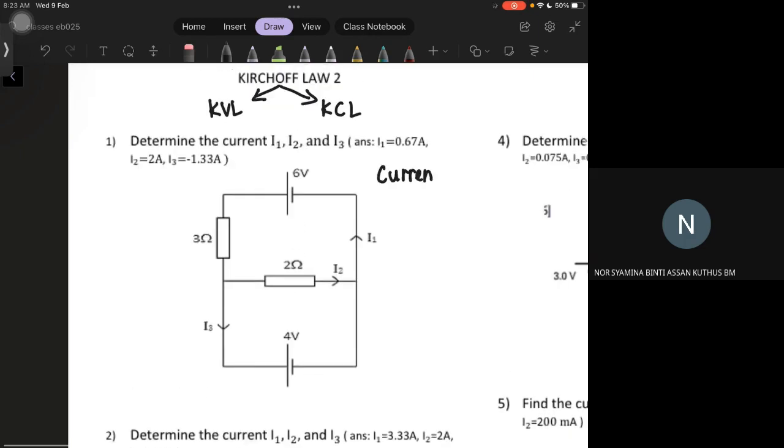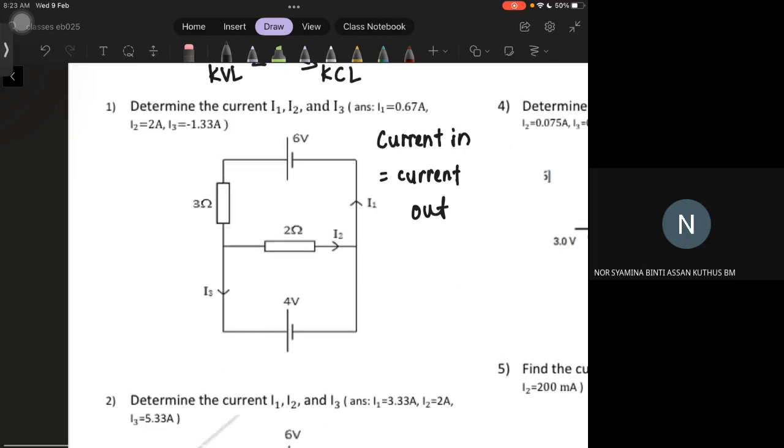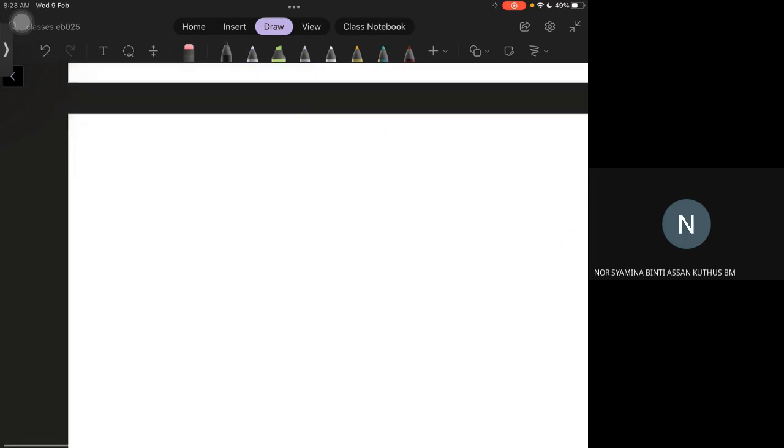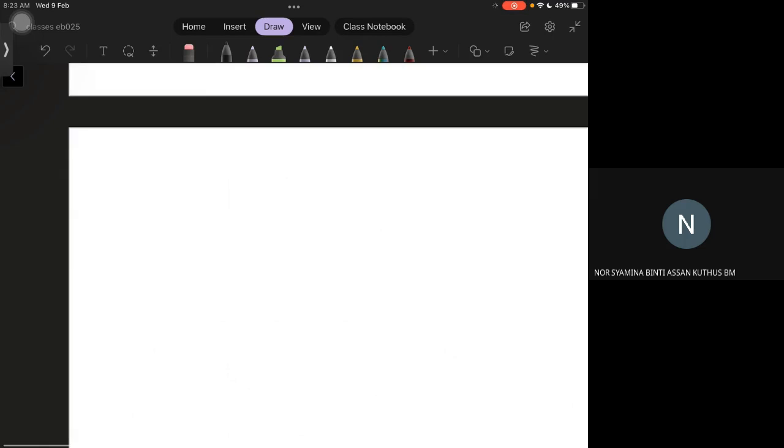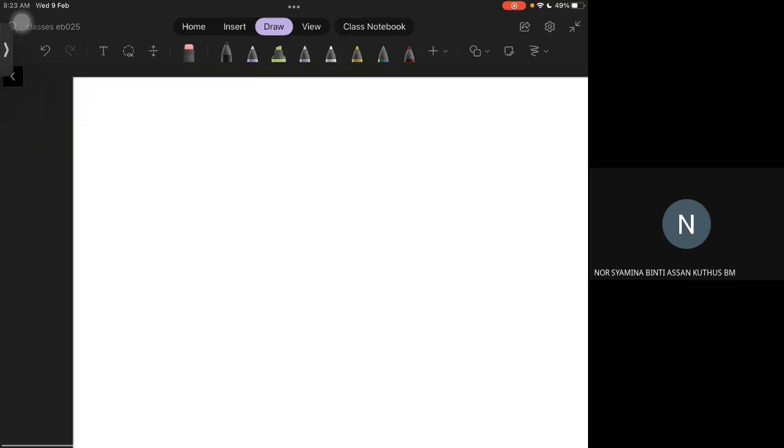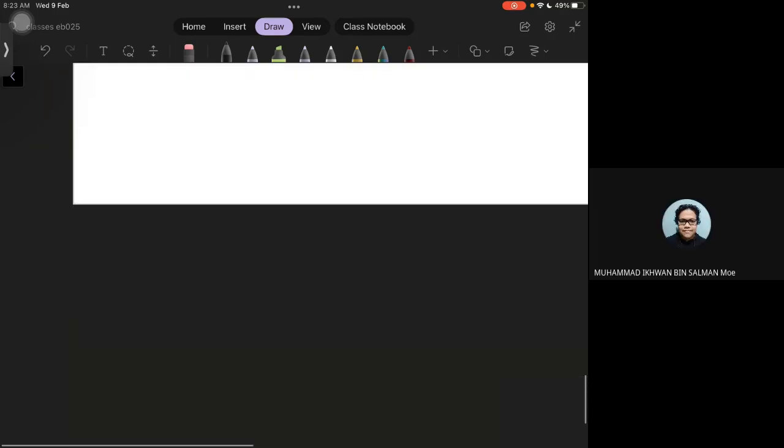Current in is equals to current out. Betul? So, kita cuba saya buat kat bawah. You got the question kan? Ada saya soalan dah? Dah habis.